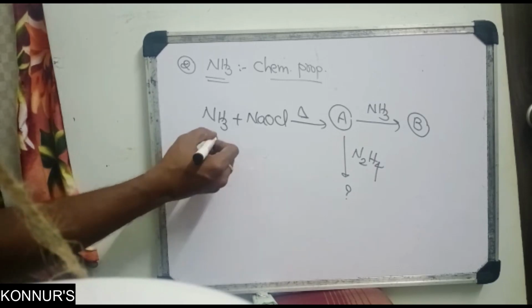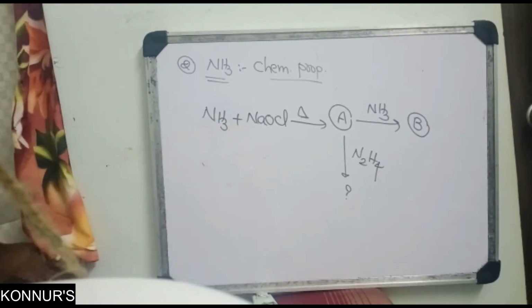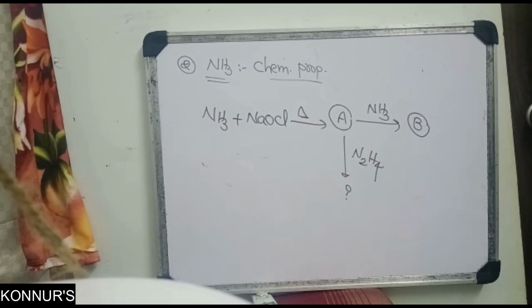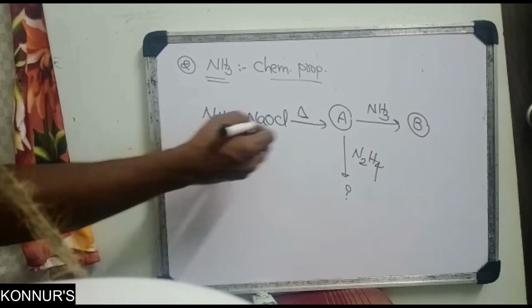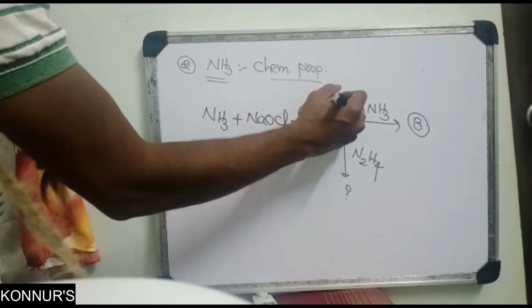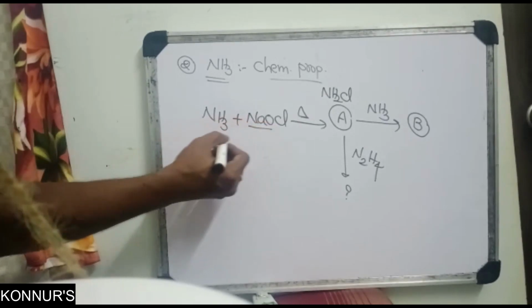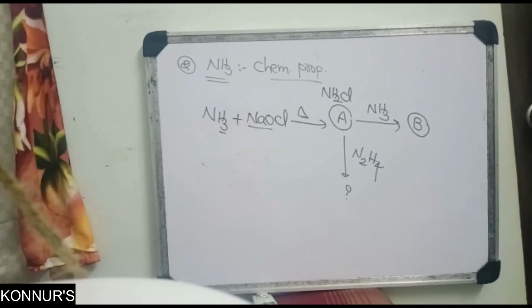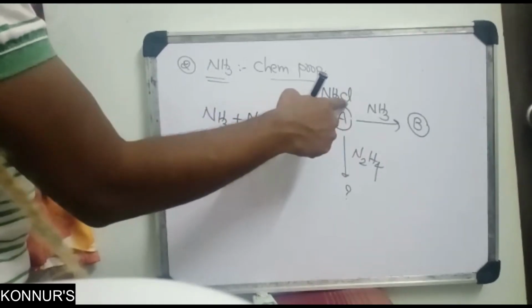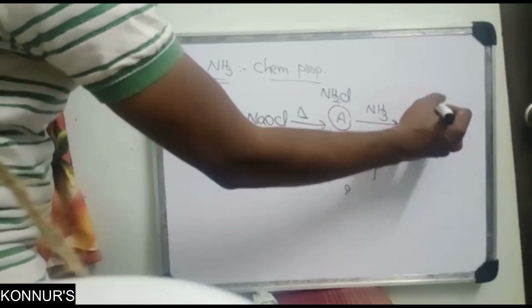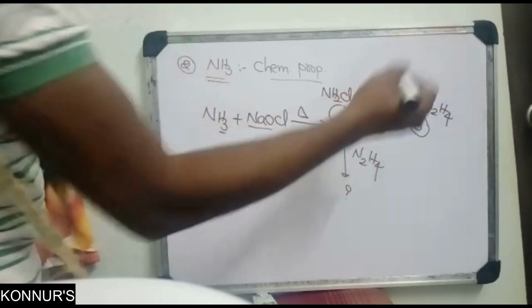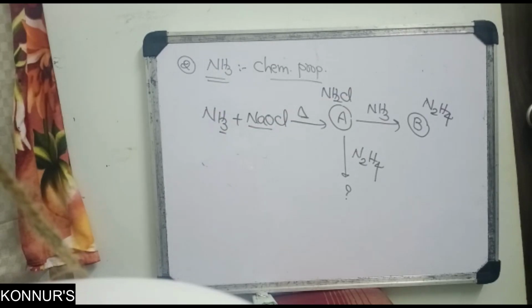See here, NaOCl, what happens? NaOH is separated. You are getting chloramine. So NaOH is eliminated, and you are getting a chloramine. Chloramine treated with ammonia, so HCl is eliminated. Your answer is N2H4, hydrazine.